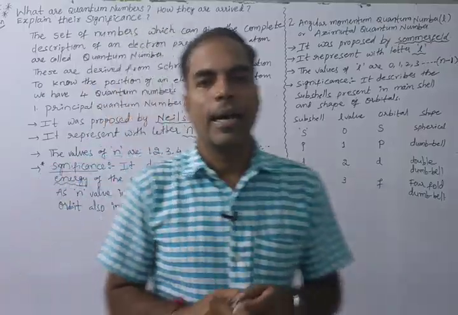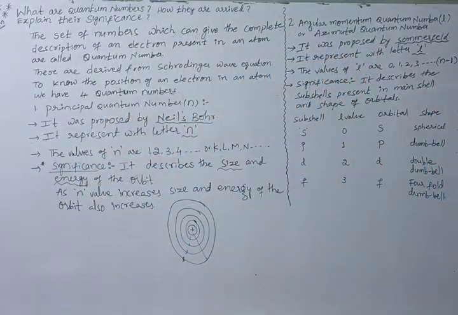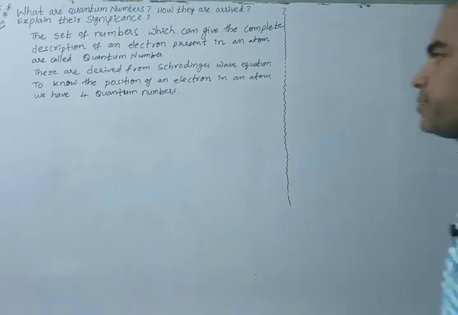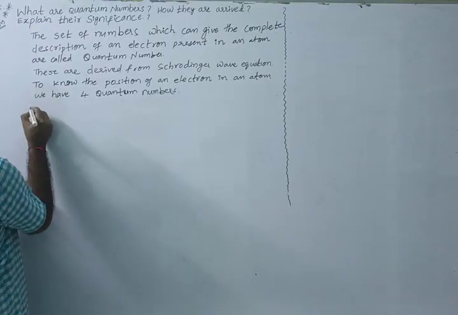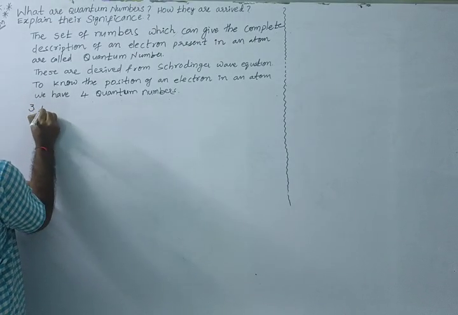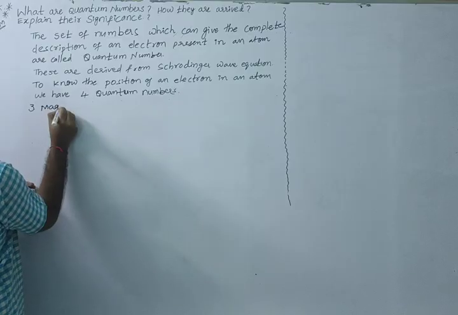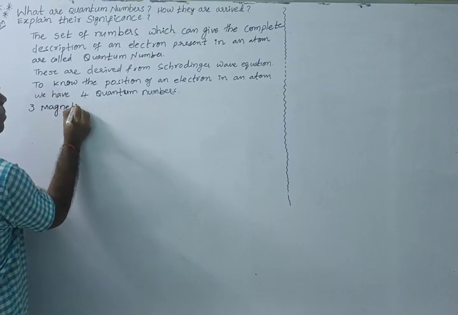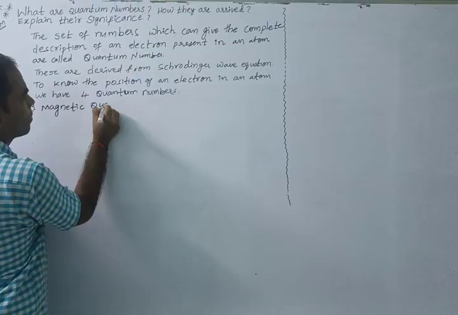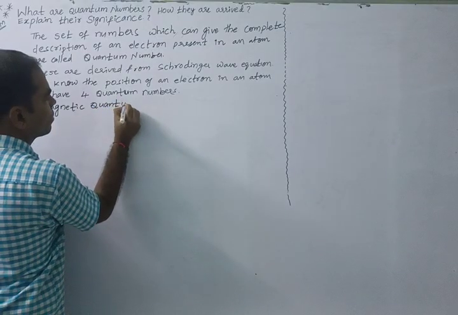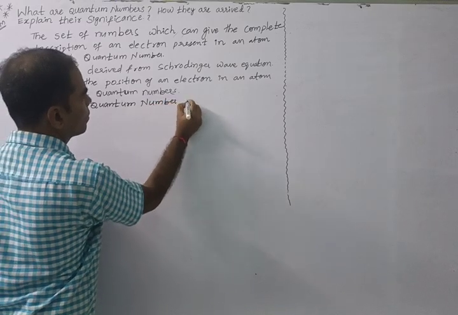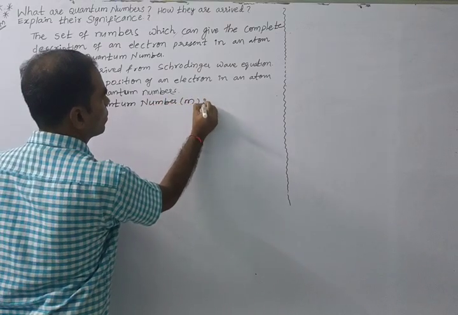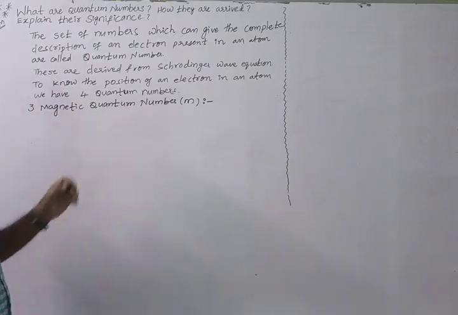Okay students, next. The next one is magnetic quantum number.